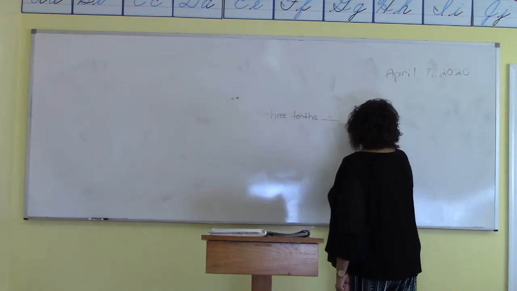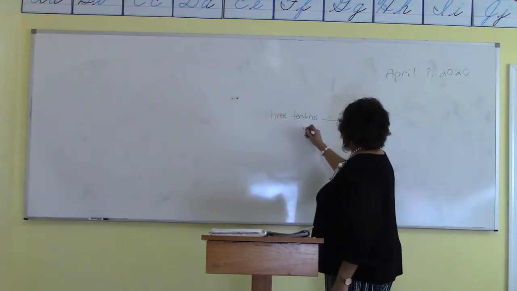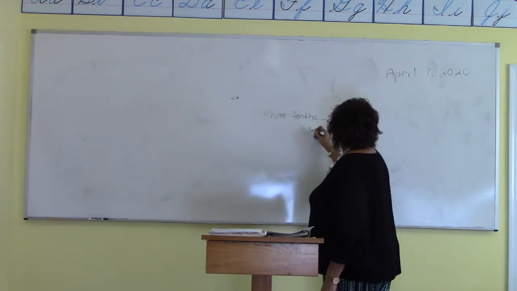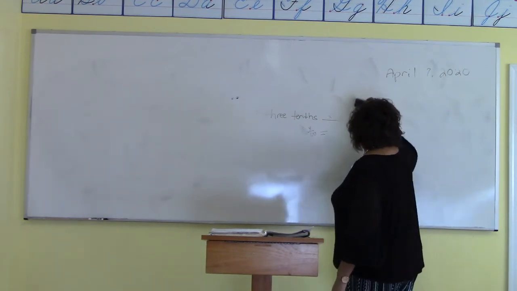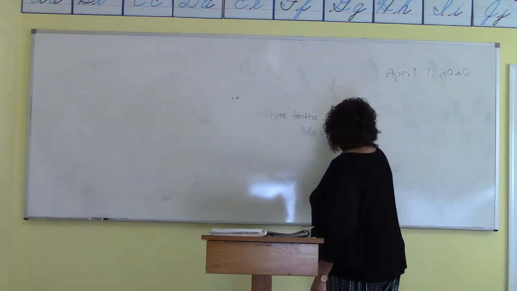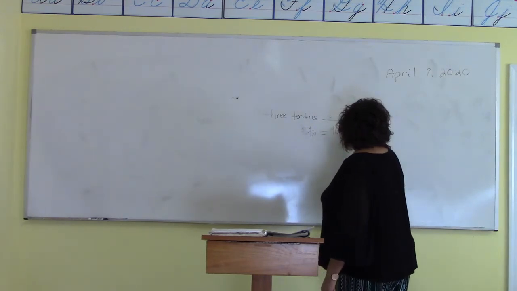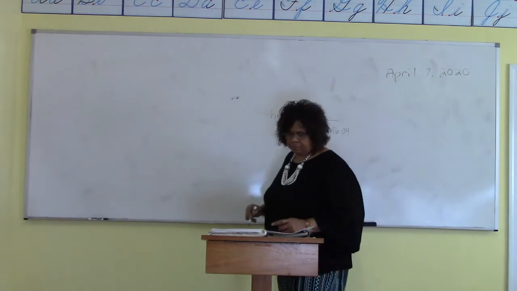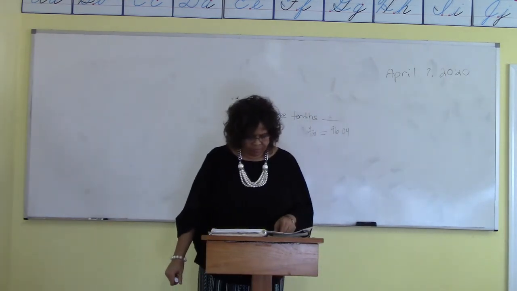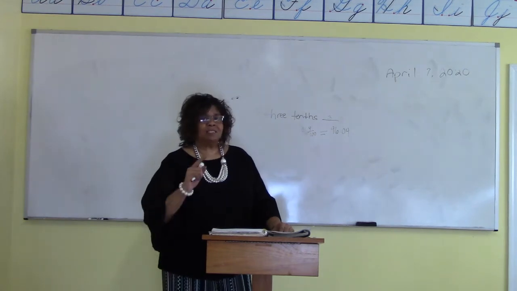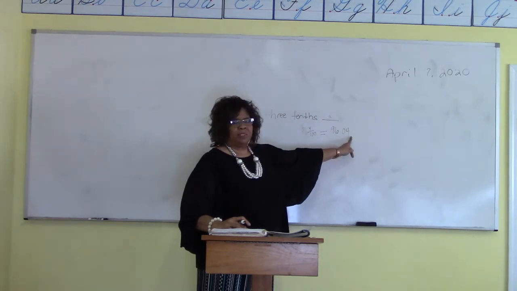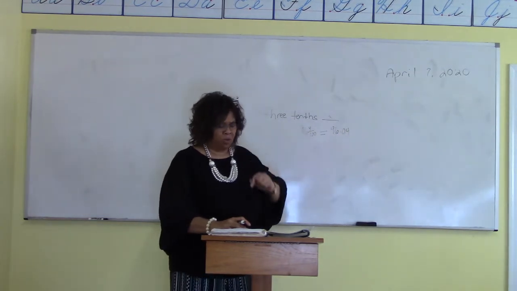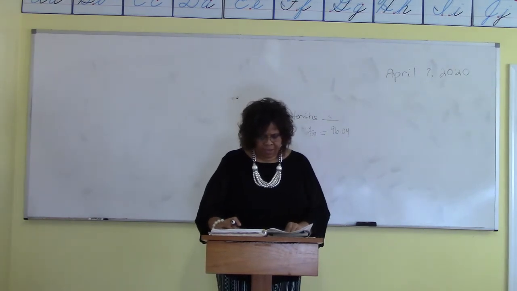We have 96, and we have 4/100, so this will equal 96.04. And that's 96 because the right of the decimal is tens and hundreds. Okay? That was number 2.